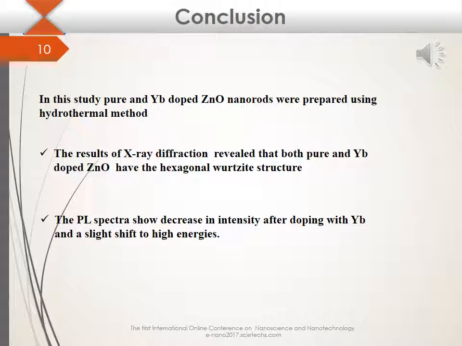For the optical properties, the PL spectra show a strong decrease in intensity after doping, with a slight shift to high energies. So this study is focused on revealing information about the optoelectronic properties of ytterbium doped zinc oxide, which may enhance their performance in photonic and optoelectronic devices.